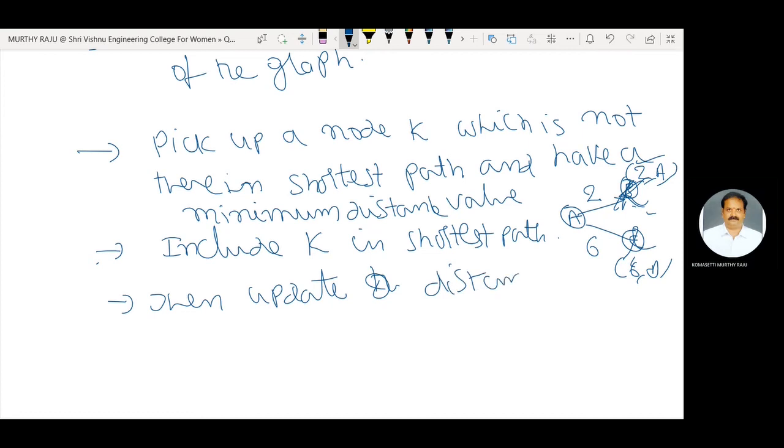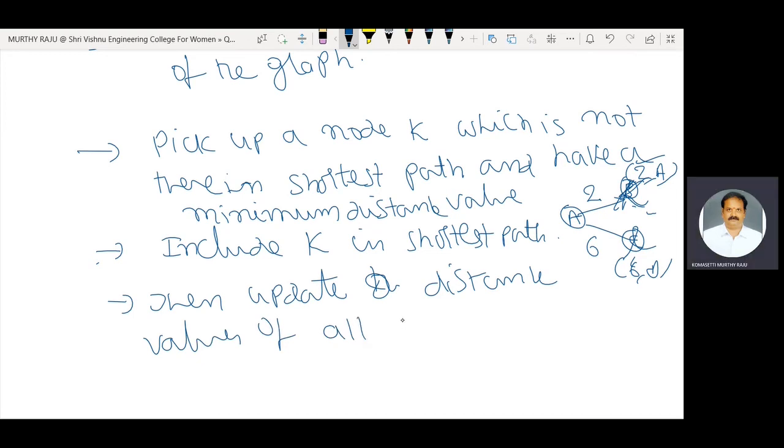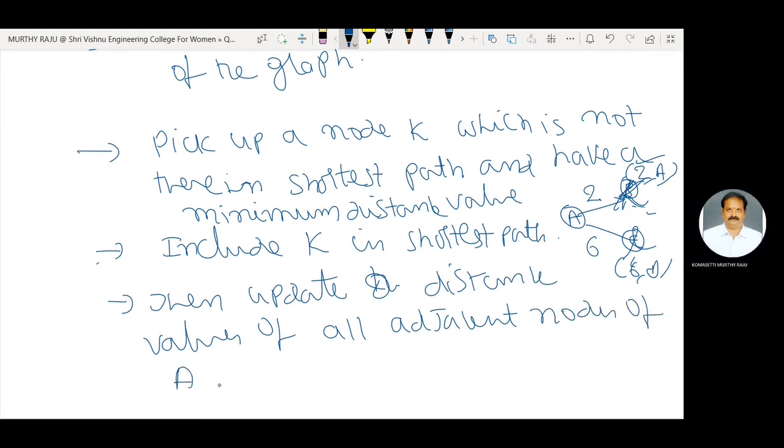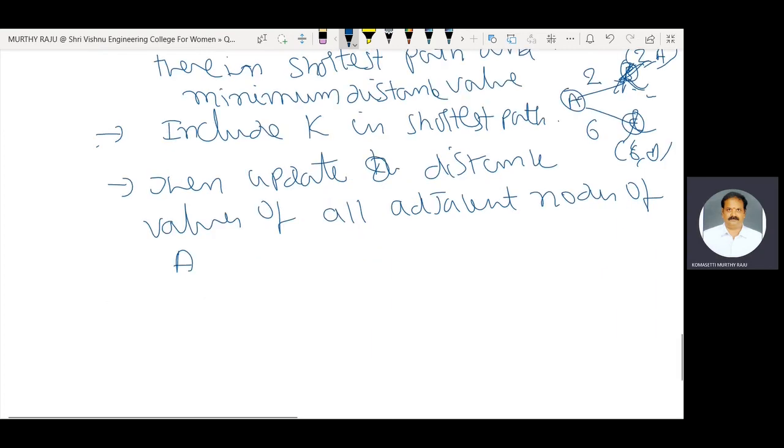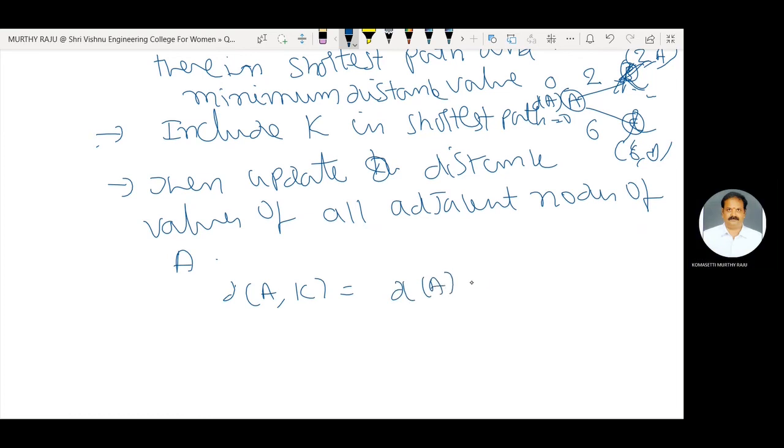We know that this is the source node. The initial distance of the source node is 0. The distance between A and K: if D of A plus weight of A, K is less than D of K.